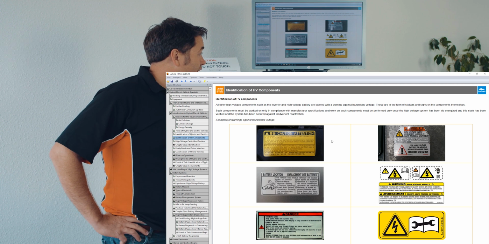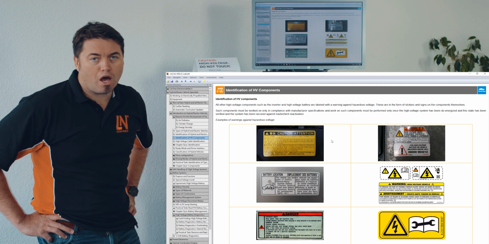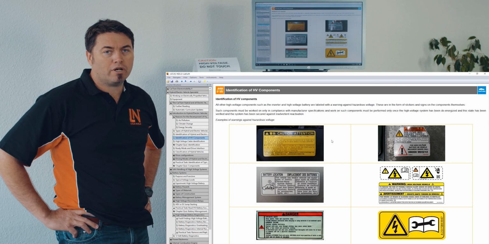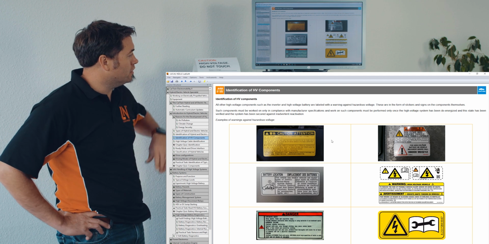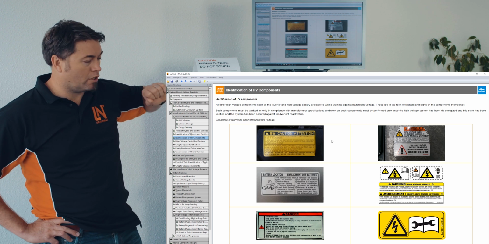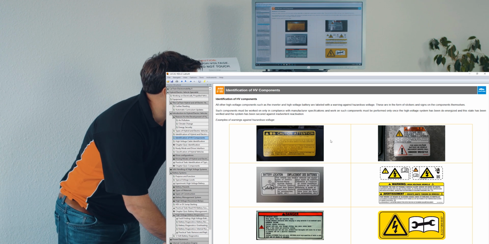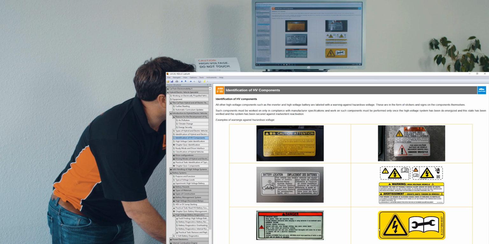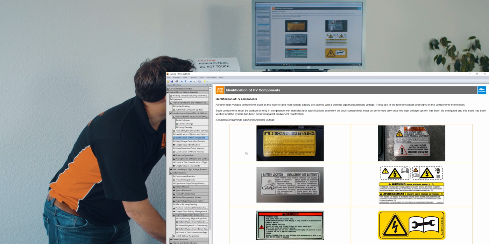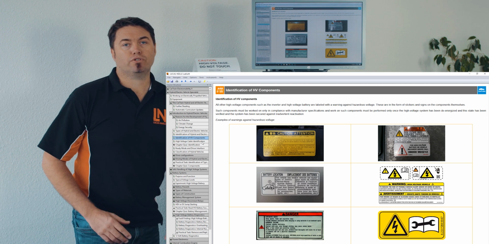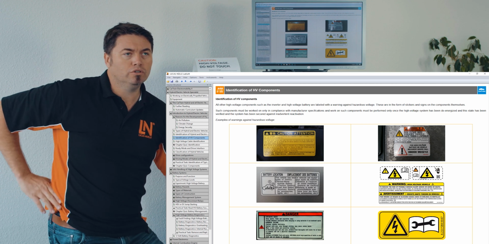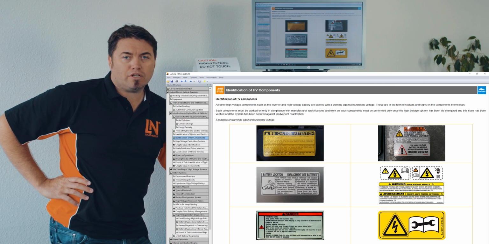Manufacturers tend to have their own type of markings or stickers, but any high voltage components will have a caution or attention system that tells you it's a high voltage system, especially the triangle with the lightning bolt in it. That's on the main components themselves. So on the battery, on the inverter, you'll see it on the hood. It'll be in different areas like that.